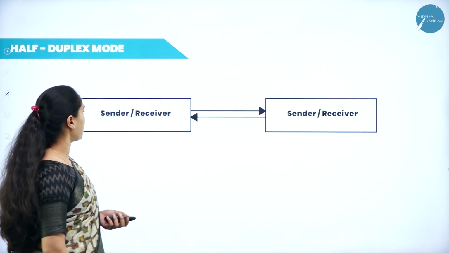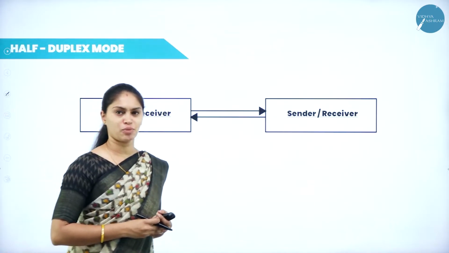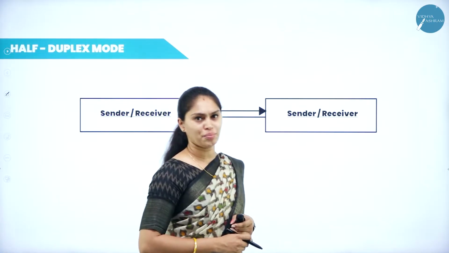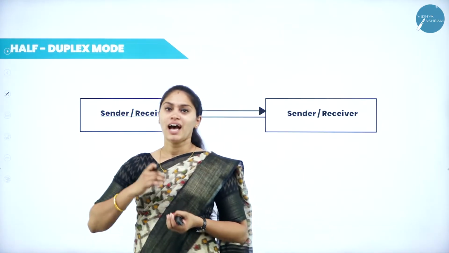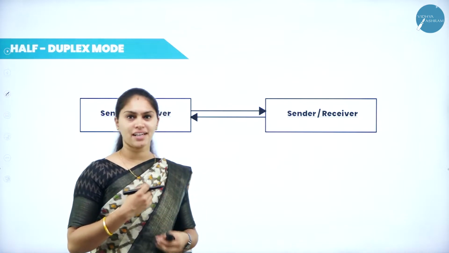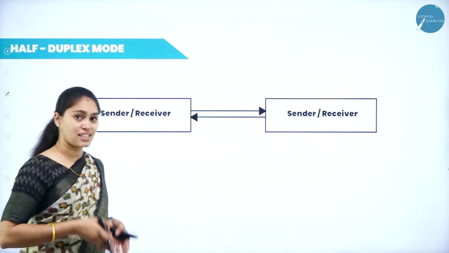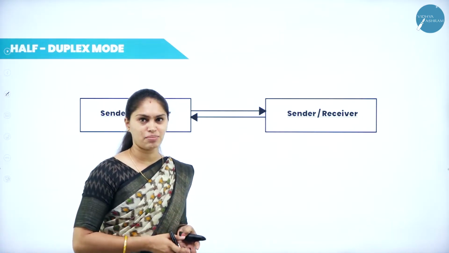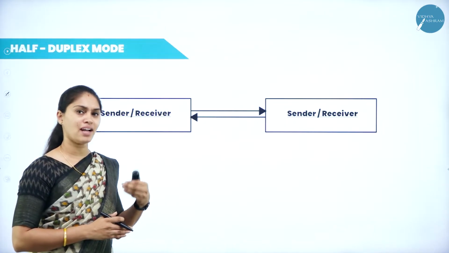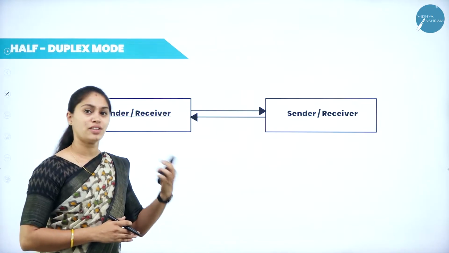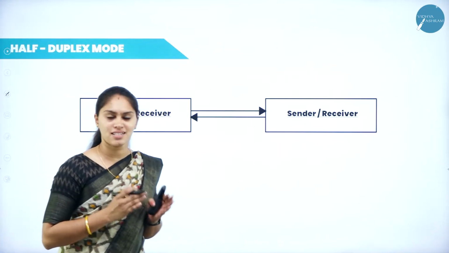We'll see the next type, half duplex mode. When we are working with half duplex mode, the best example is a railway track. Trains can go and trains can come, but on the same track it will not take place at the same time. That means the sender can send, the receiver can send back, and the sender can receive it back, but not at the same time.